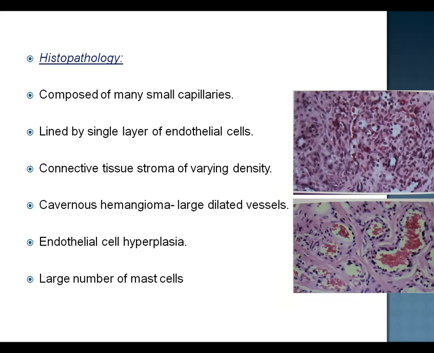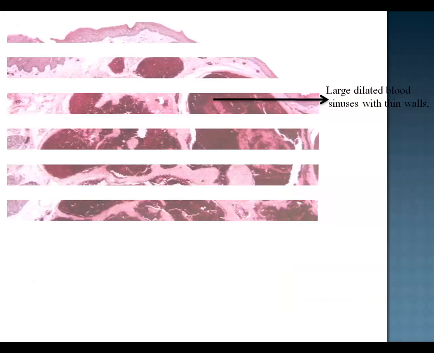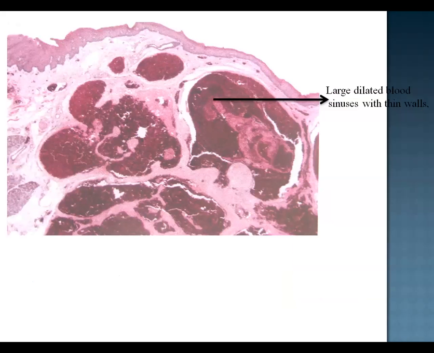Whereas the cavernous hemangioma shows large dilated vessels, endothelial cell hypoplasia, and a large number of mast cells, with large dilated blood sinuses with thin walls. This is the histopathological picture of cavernous hemangioma.